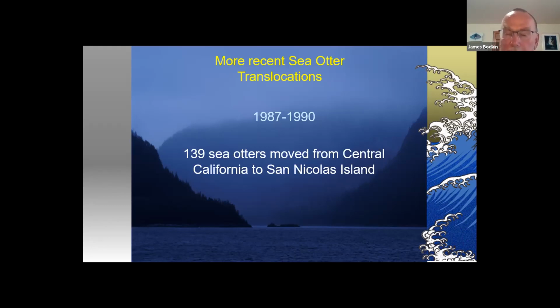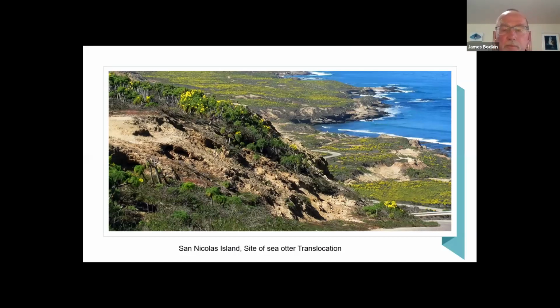However, despite the improvements in the husbandry and in the transportation aspects of translocation, in 1993, only a dozen animals remained. So here's a photograph of part of San Nicolas Island, and this is very near the site where translocated otters were released.